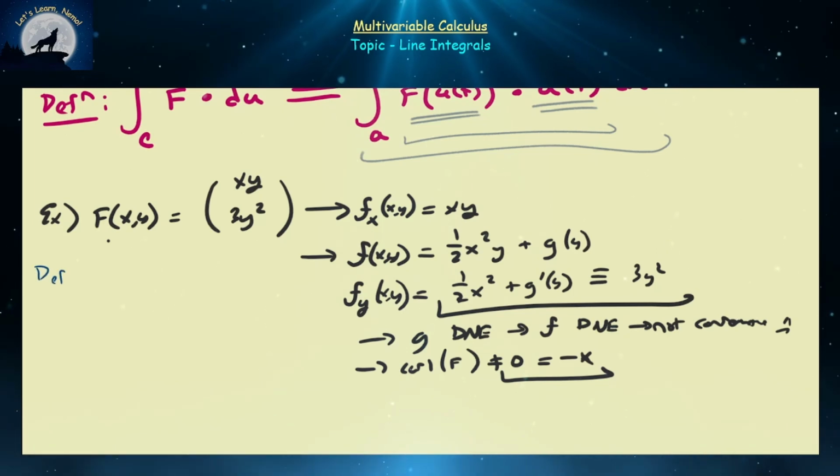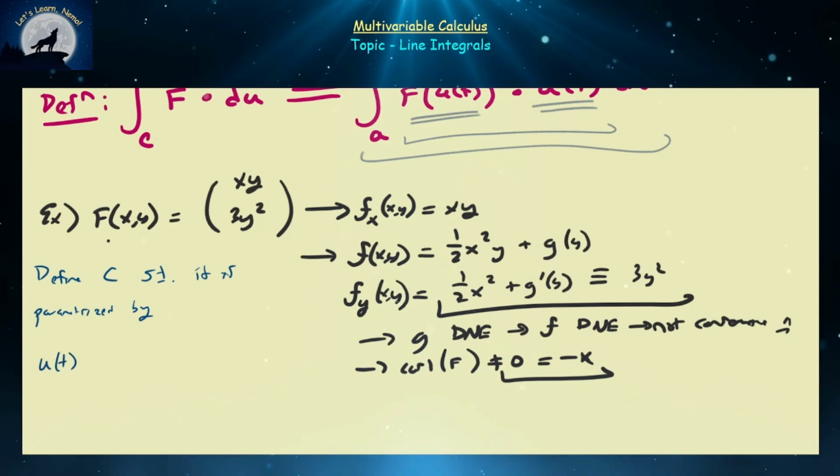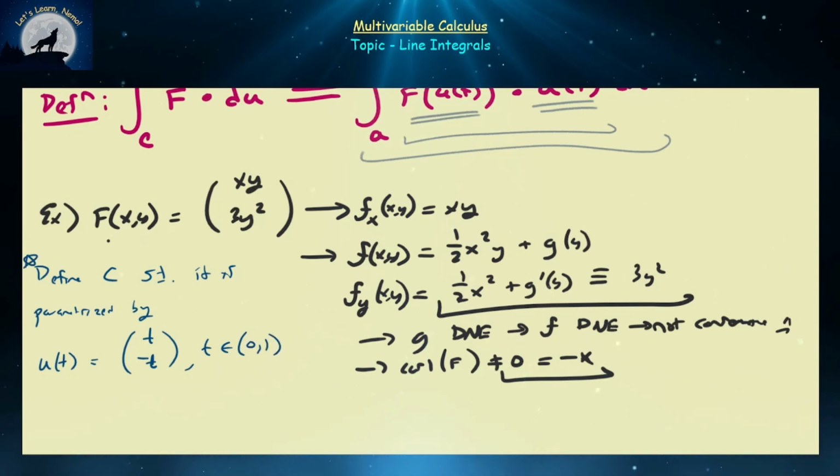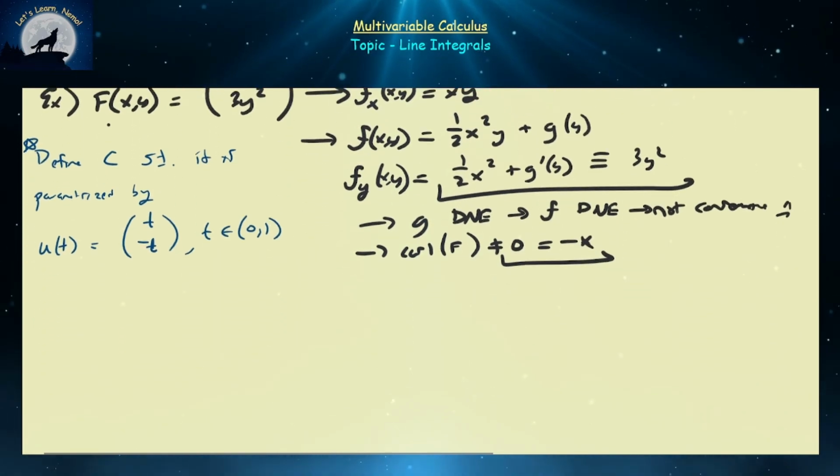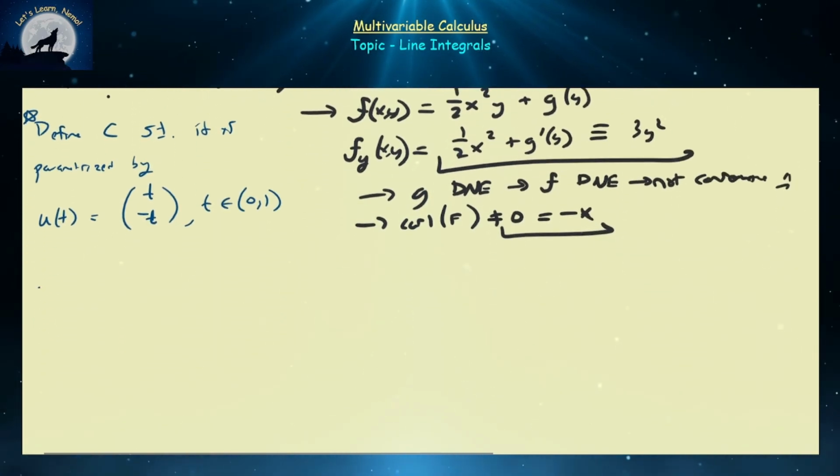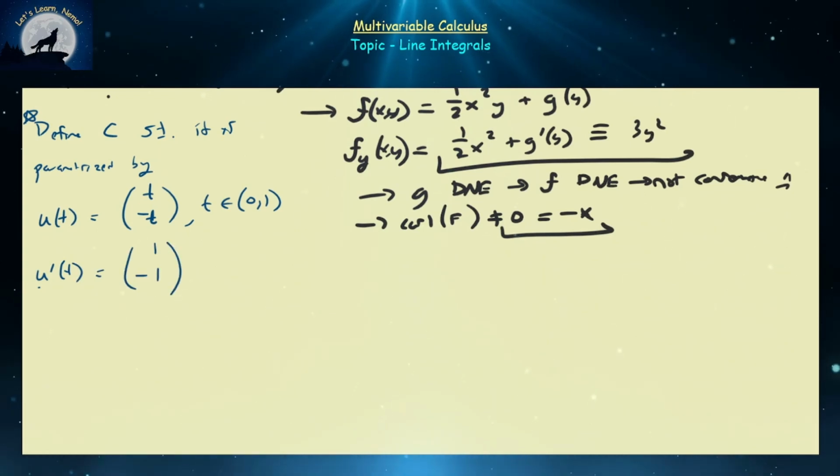So let us define C such that it is parameterized by u of t equals (t, minus t), where t ranges from 0 to 1. And you can choose a different path to traverse across this vector field if you want to. So if that is our u, that means u prime of t will be equal to (1, minus 1).